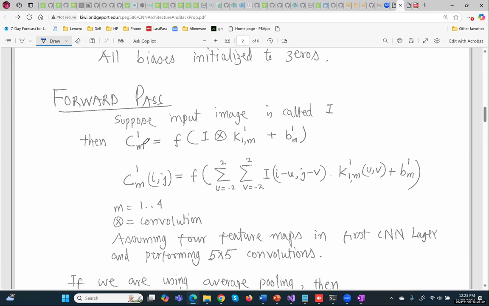Layer. And this is the feature map number. So I is the image, and we are doing convolution with 1M. M will vary from 1 to 4, for example, in the first layer, right? Okay, and then we are adding the bias. And because it's a 2D convolution, just like I was showing you shifts and add, this is what it comes out to, right?